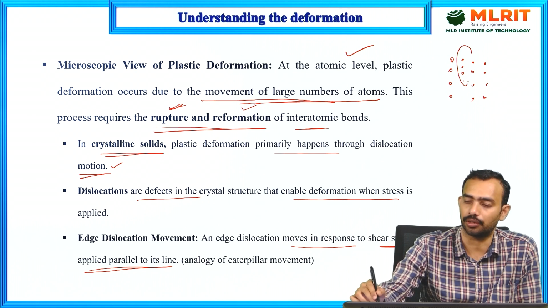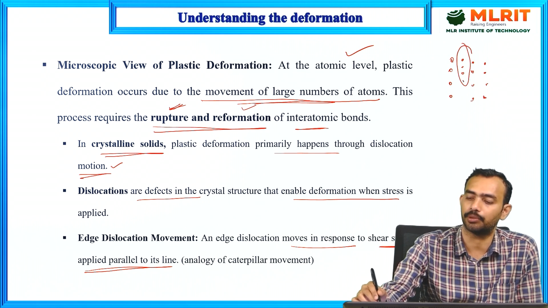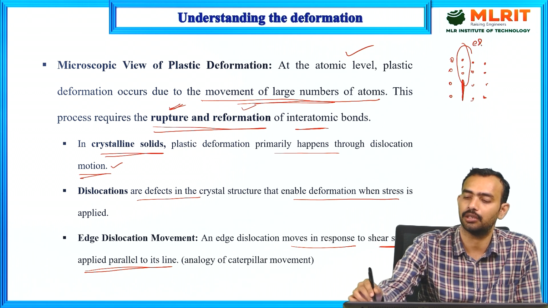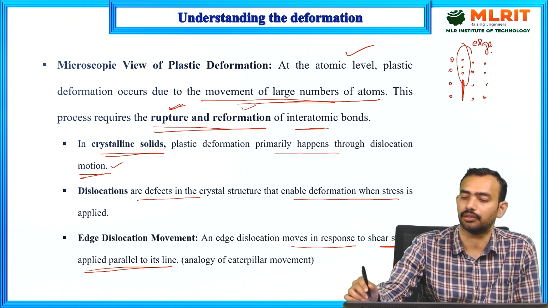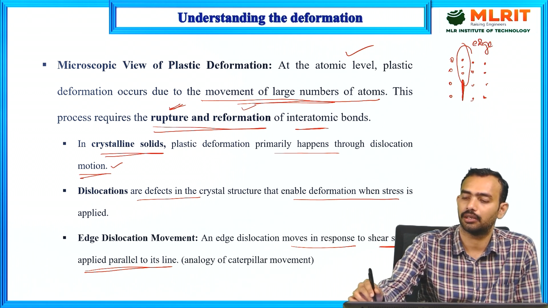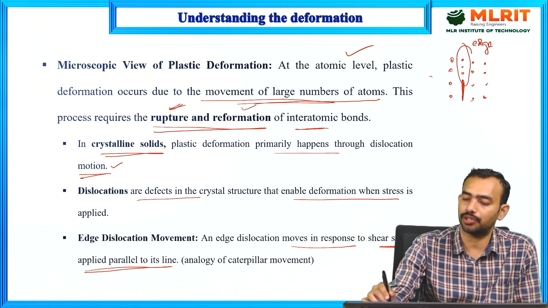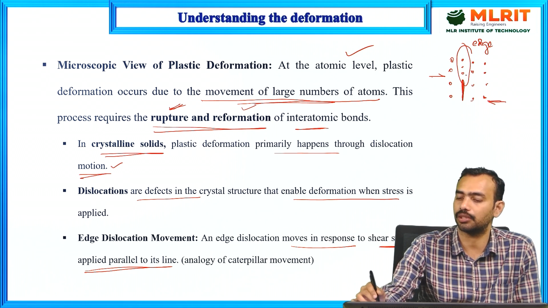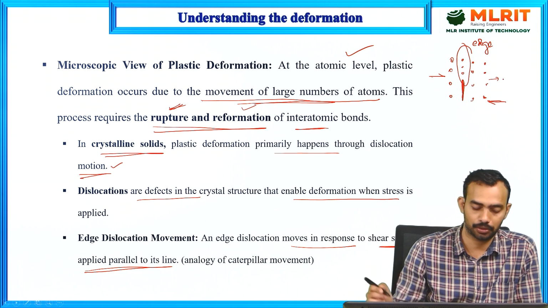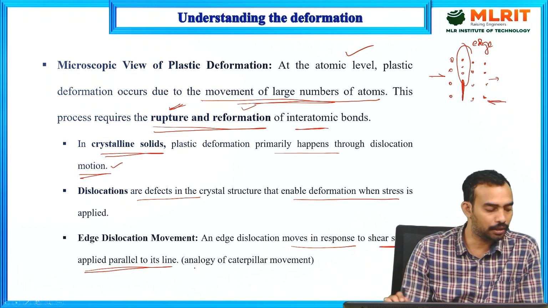This extra plane of atoms, where there is no plane of atoms here, is considered to be the edge dislocation, right? The movement of this edge dislocation happens when shear stress is applied on the material. So this dislocation will move forward in this direction, parallel to its line.